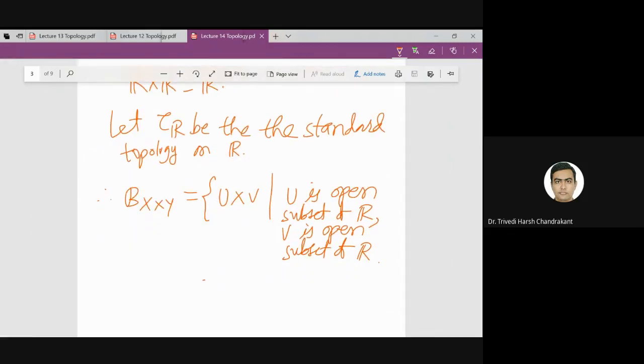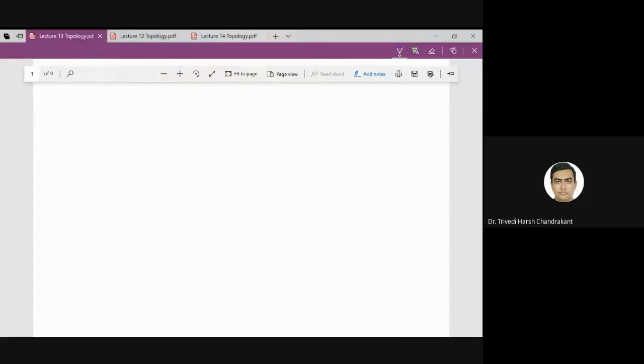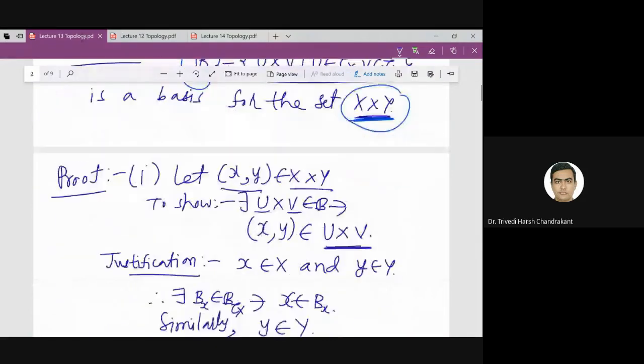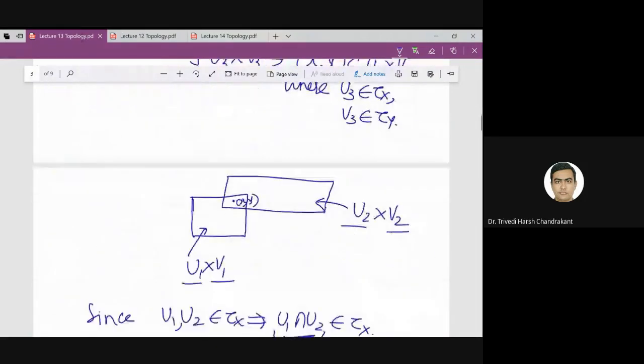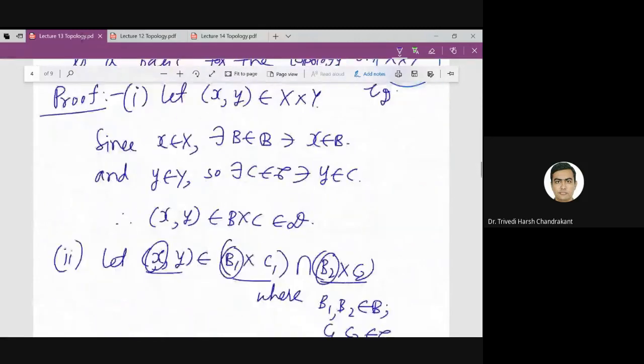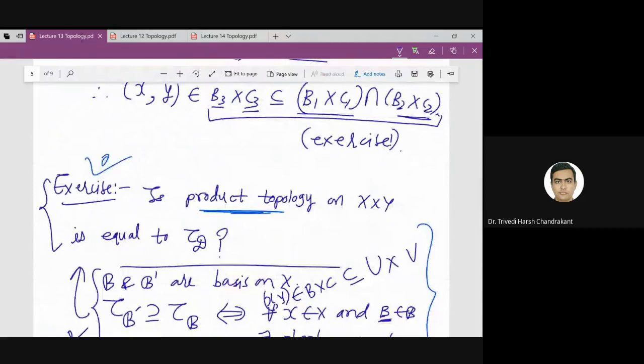Similarly, what will be the other topology? So if you recall what the exercise says, the exercise says both these bases generate the same topology, right?